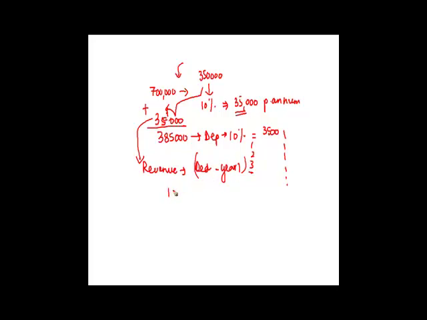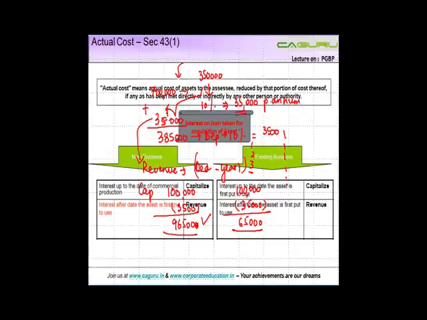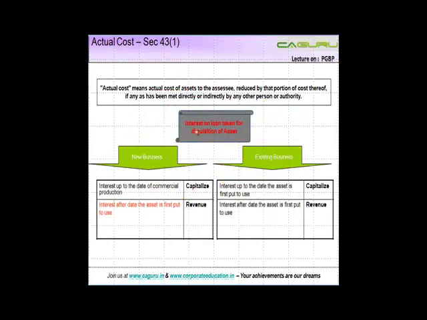So suppose I had an income of 100,000, if capitalized I reduce 3,500 out of it, my income becomes 96,500, and I pay taxes on this. Whereas if it were revenue, I will reduce 35,000 from here, and I will pay tax only on 65,000. Right? So therefore, it is very important to understand whether this is revenue in nature or capital in nature.